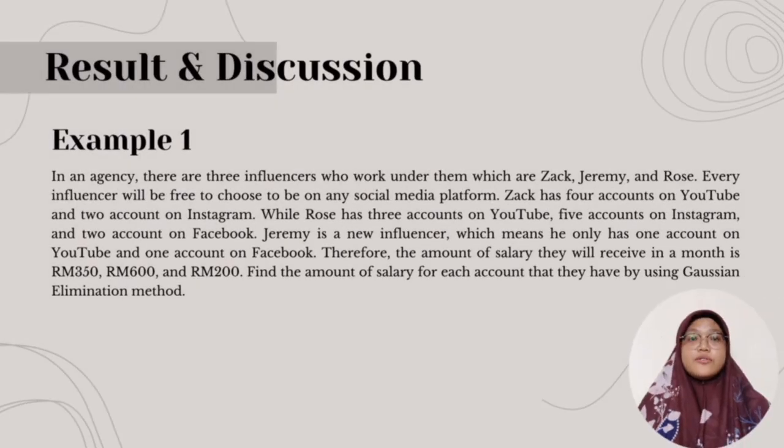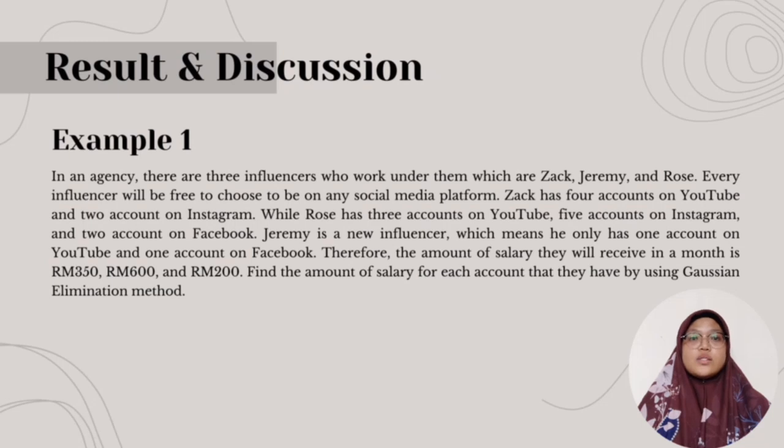Now, we will look at the first example. In an agency, there are three influencers who work under them, which are Zack, Jeremy, and Rose. Every influencer will be free to choose to be on any social media platform. Zack has 4 accounts on YouTube and 2 accounts on Instagram, while Rose has 3 accounts on YouTube, 5 accounts on Instagram, and 2 accounts on Facebook.